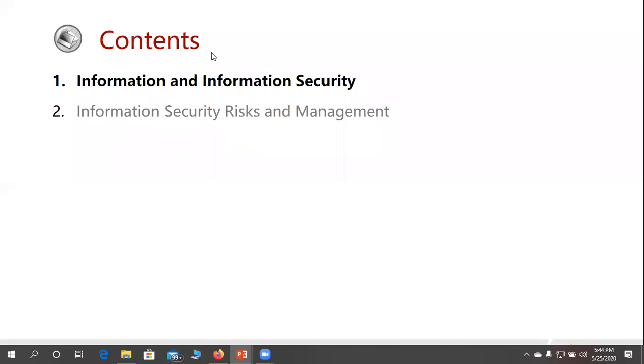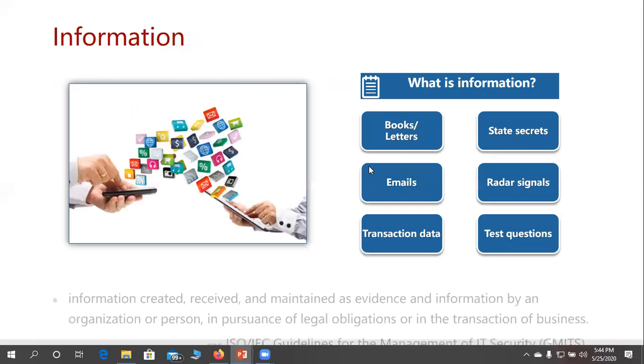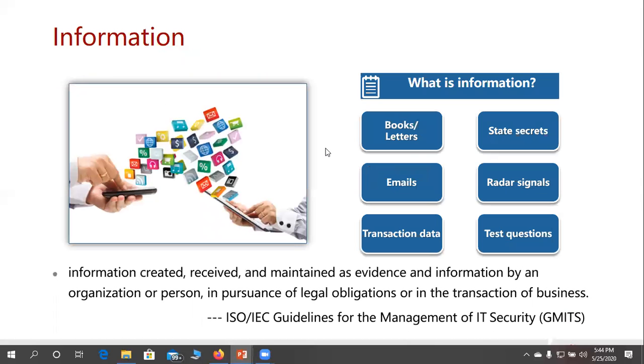Contents, so we'll start by looking at information and information security. So what is information? Okay. Information, it is something that makes sense.